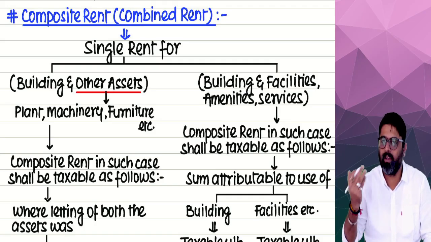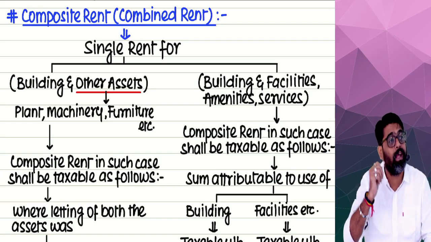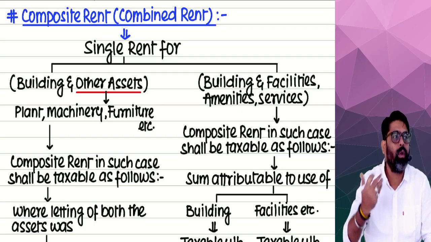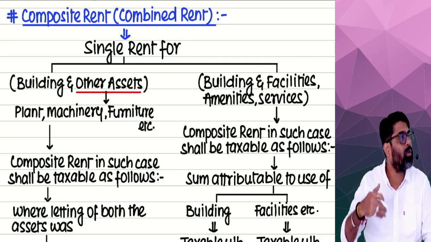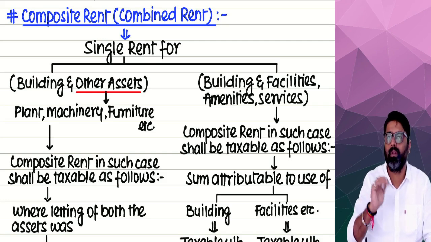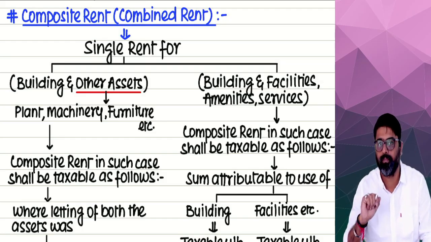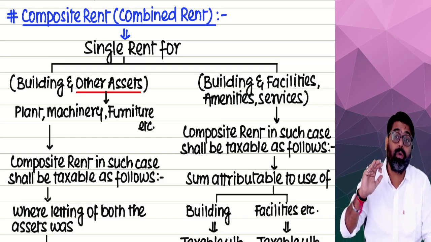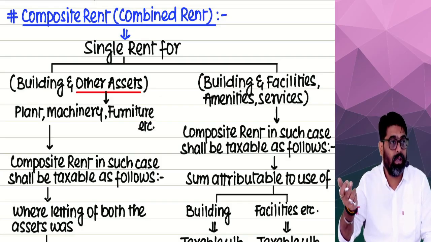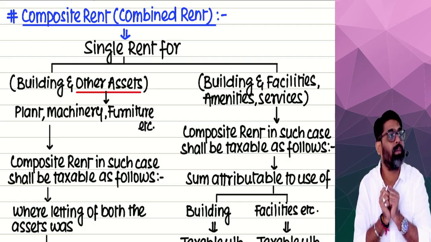So many facilities or amenities are there which the tenant will enjoy if he takes your flat on rent. Are you going to incur the cost of those facilities? Yes. So definitely along with the rent of the flat, you are going to recover the costs also. The costs you recover for those facilities along with the rent make it combined rent.